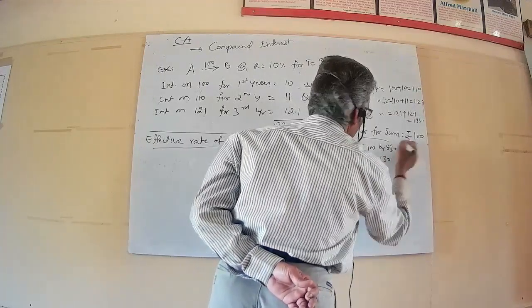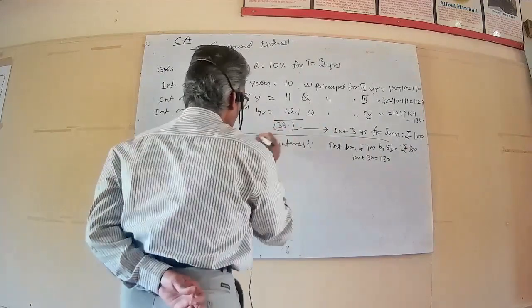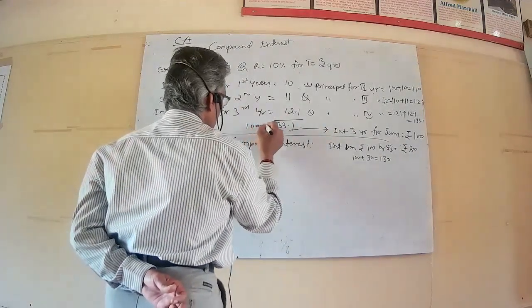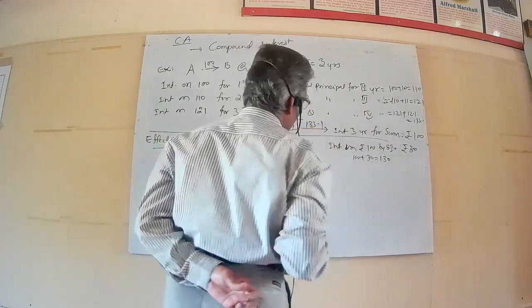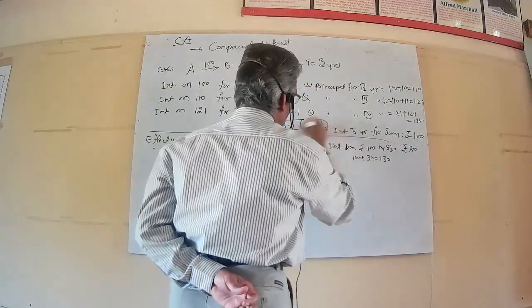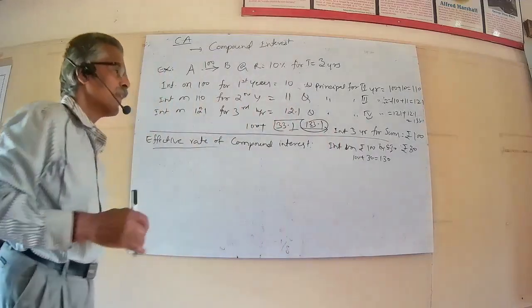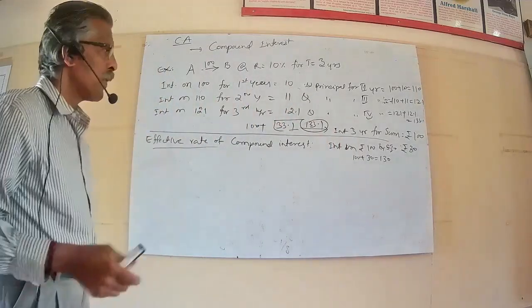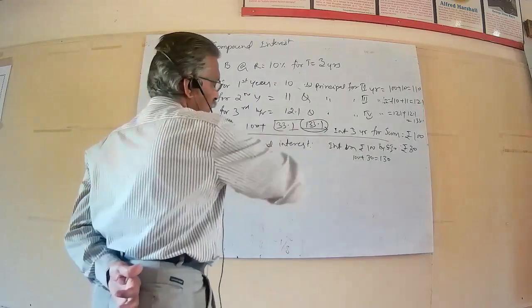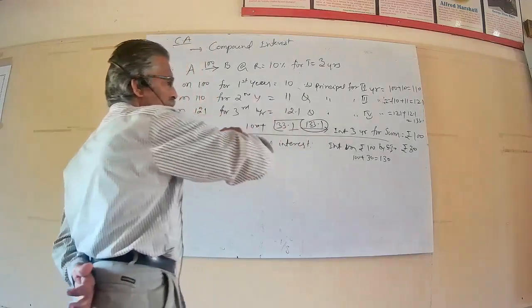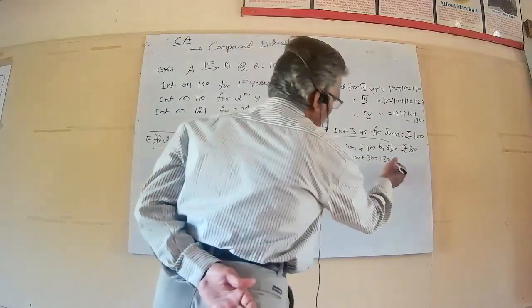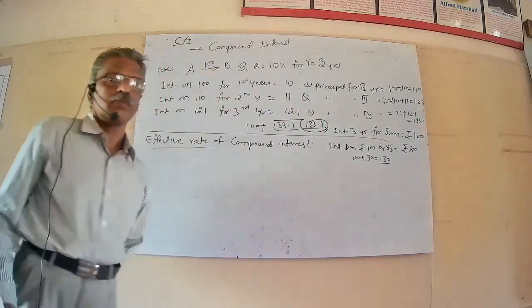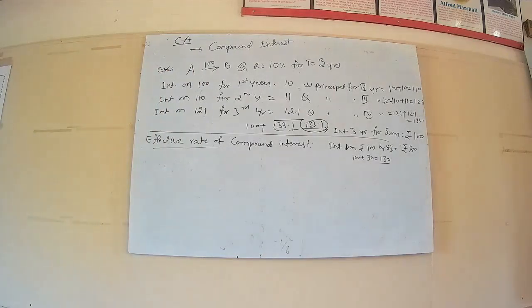Here it is 100 plus 33.1, this becomes 133.1. If you invest the money at compound interest, it becomes 133.1 after 3 years, but with simple interest it becomes 130 rupees. This is the main difference.